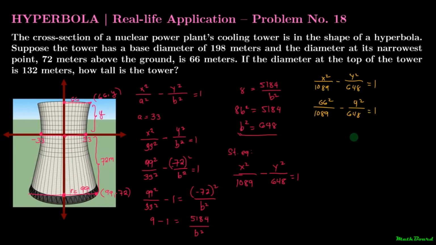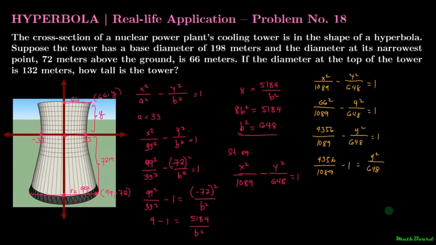Ano ba yung 66 squared na yan? 4356. So, 4356 over 1089 minus y squared over 648 equals 1. Ilalagay natin si 1 sa kabila. Positive 1 magiging minus 1. Then itong y squared over 648 magiging positive, dadalhin sa right.